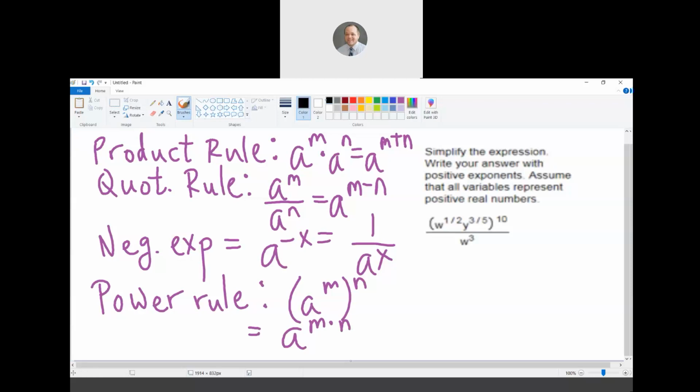Now let's get back to our first problem. Simplify the expression and write your answer with positive exponents. For the top, use the power rule. So we will take 1/2 and times it by 10, and also with the y, multiply 3/5 by 10.